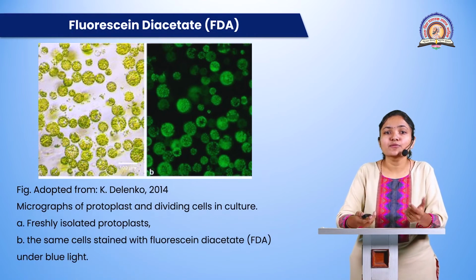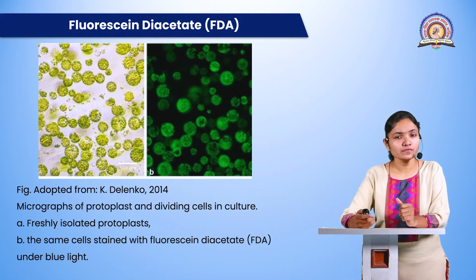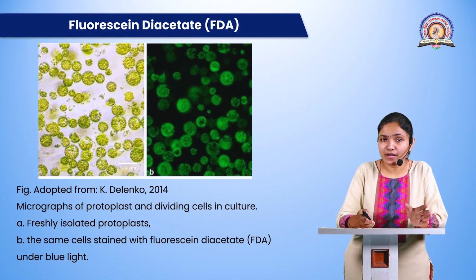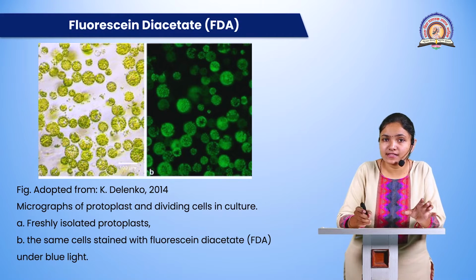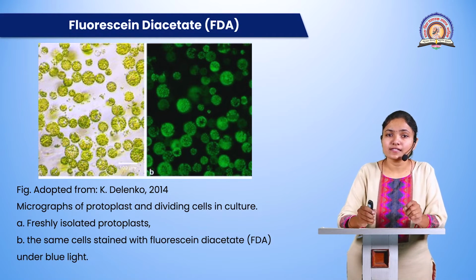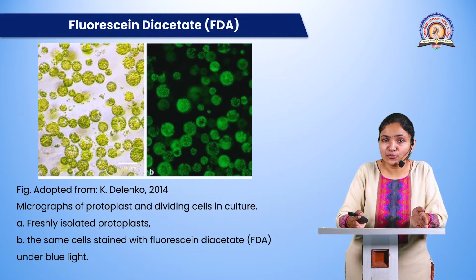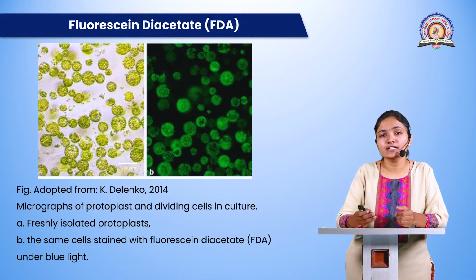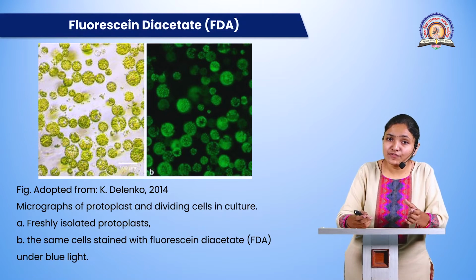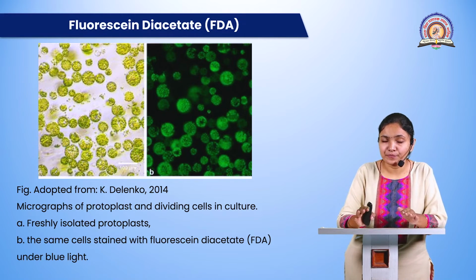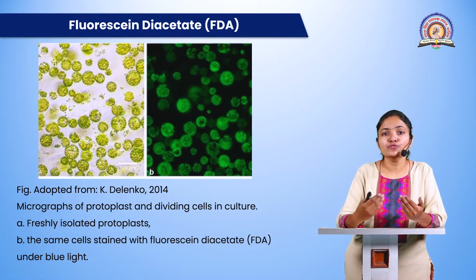So let's see the mode of action of this FDA. All the living protoplasts in your cellular suspension will have one very important enzyme called the esterase enzyme. This esterase enzyme can break down FDA, that is fluorescein diacetate, into a fluorescent compound. Let me repeat, the esterase enzyme present in the living protoplast will break down fluorescein diacetate into fluorescein.